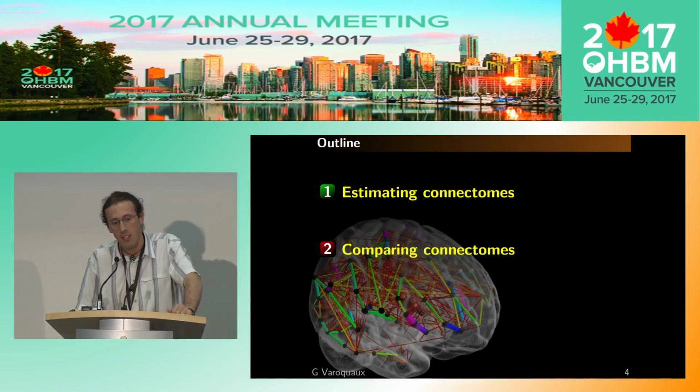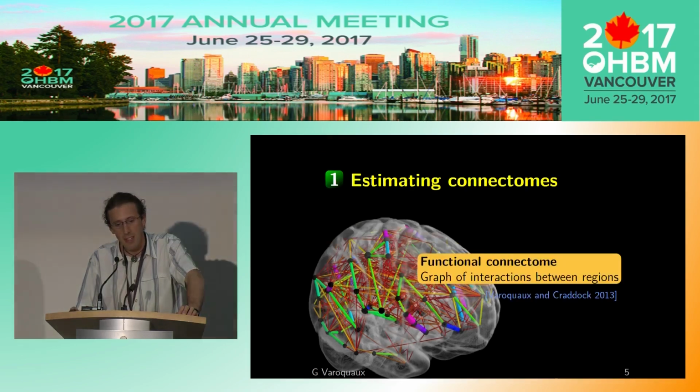So the outline of my talk is, in a first and longer part, I'd like to discuss estimating connectomes. I call a connectome this representation of connectivity in the brain. And then in a shorter part, I'd like to discuss why it might be interesting to use a different set of objects to compare connectomes.